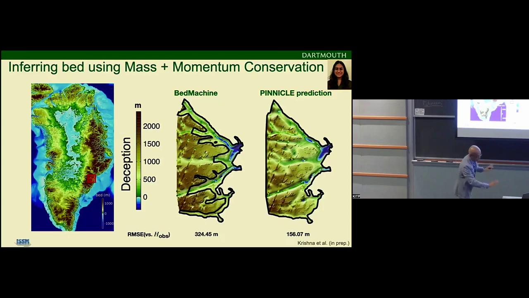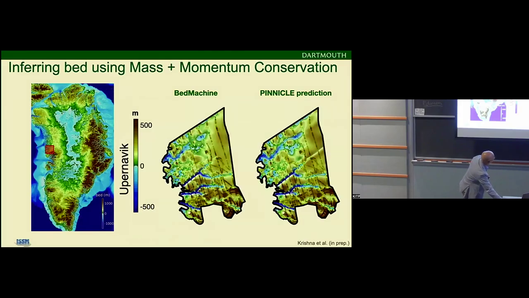Anyway, if you compare the error, PINNICLE does a slightly worse job compared to observations. In some other regions, this is Upernavik, where we have a lot of observations of the ice thickness, where BedMachine also uses mass conservation for the whole region. So you see, using PINNICLE, combining mass and momentum conservation, you basically get pretty similar results.